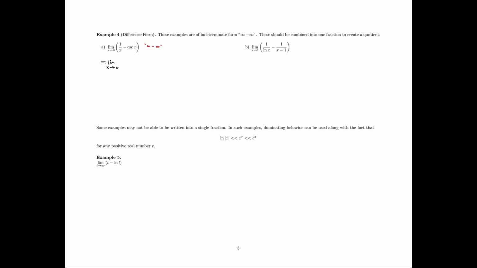So here, we're going to go ahead and get a common denominator, because really, let's do this off to the side, I guess. 1 over x minus 1 over sine of x, since that's what cosecant is. Common denominator here is x sine of x, so this term needs a sine of x, and this term needs an x.